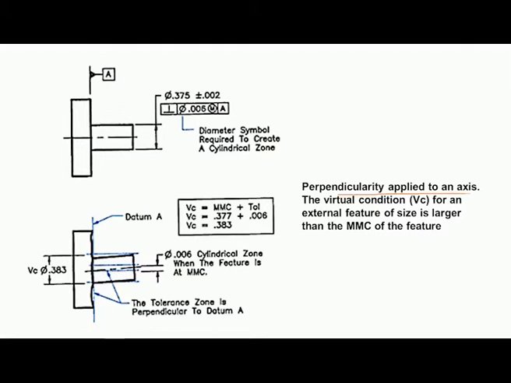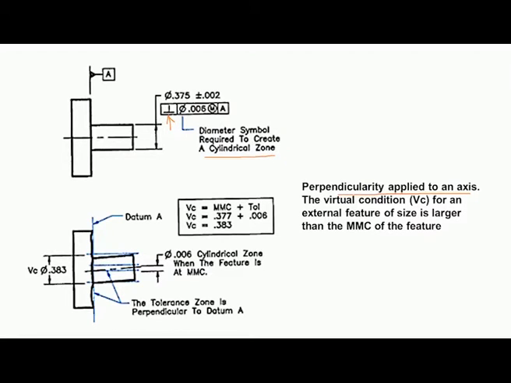Now, perpendicularity applied to an axis. Here you can see this is the workpiece and this is the datum surface, reference surface. With reference to this, the perpendicularity of the axis should be achieved. So, this is the symbol for perpendicularity, and the diameter indicates that we have to consider the cylindrical zone.